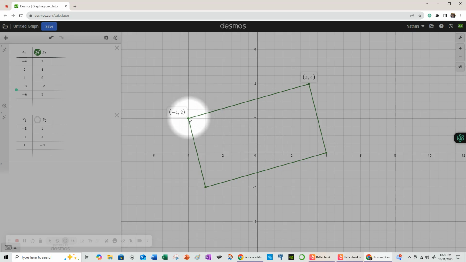So for example, I go from 2 to 4 for my y value, so the vertical change is 2. And then I go from -4 to +3, so the horizontal change is 7. Since it goes up and to the right, I have a positive slope of 2 over 7. I can see that from the visualization.